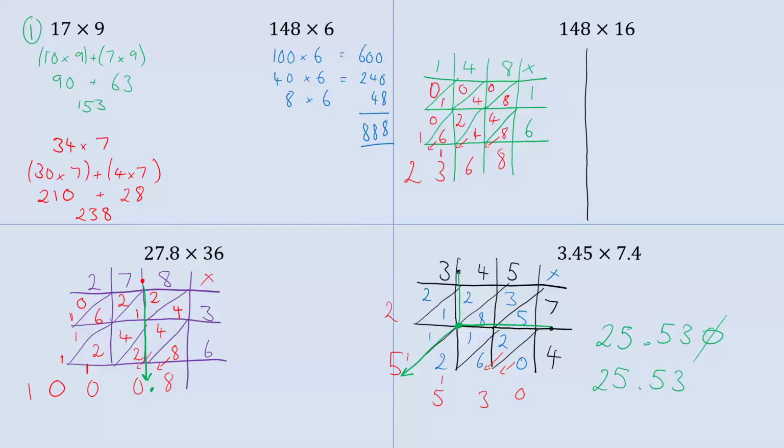With grid method, if you're using decimals, you've got to make sure that you use the right number of decimal places when you set out your grid. I think that using Napier's bones like this is by far the easiest way to do any form of multiplication, whether you're talking about just whole numbers or decimal numbers. That's my personal opinion.